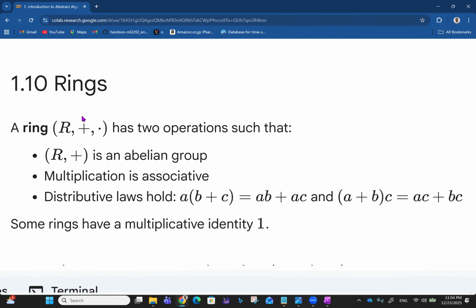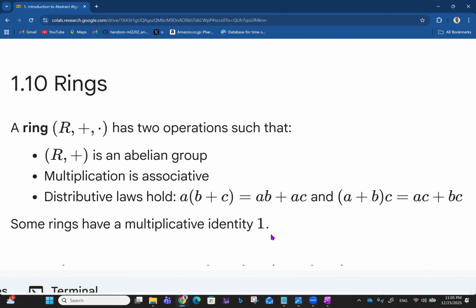A ring R with two binary operations, plus and dot, is such that (R, +) is an abelian group under addition. Then under multiplication, it is associative, and it obeys distributive laws: A times (B plus C) is AB plus AC, and (A plus B) times C is the same thing as AC plus BC. Some rings have a multiplicative identity 1.